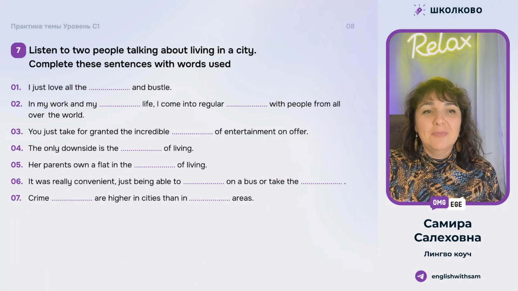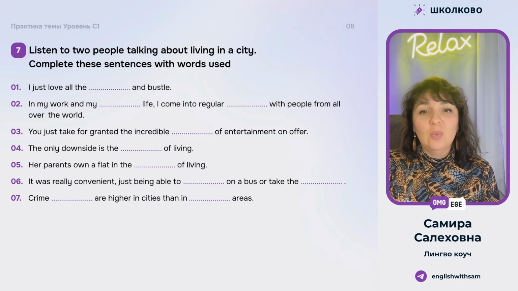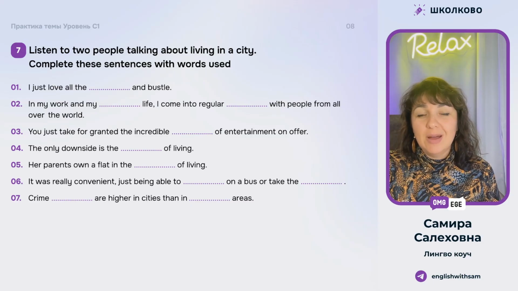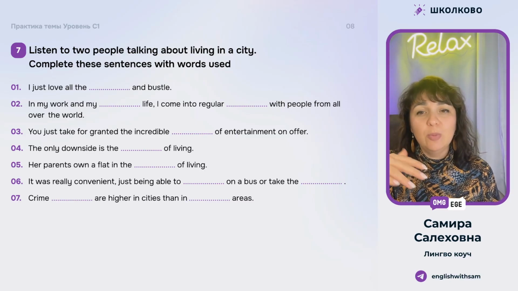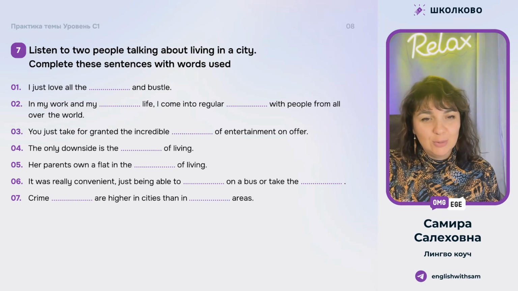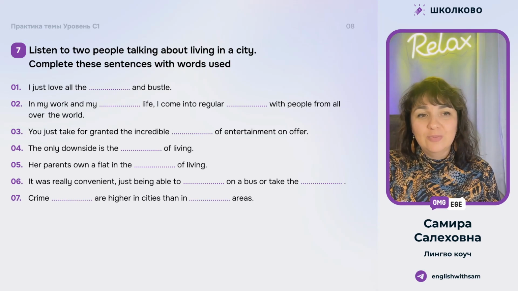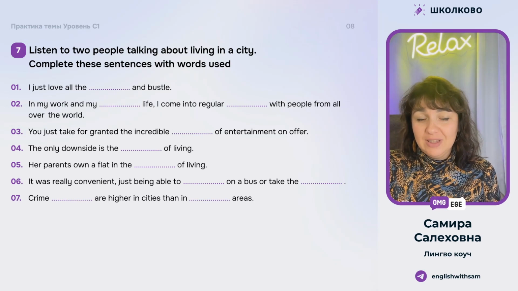Okay, okay. So here we are going to do some listening. Let's listen to two people talking about living in a city, and we need to use some collocations. Probably you know them, most of them. So we have the beginning, for example, of it, right? So let's listen rather carefully.